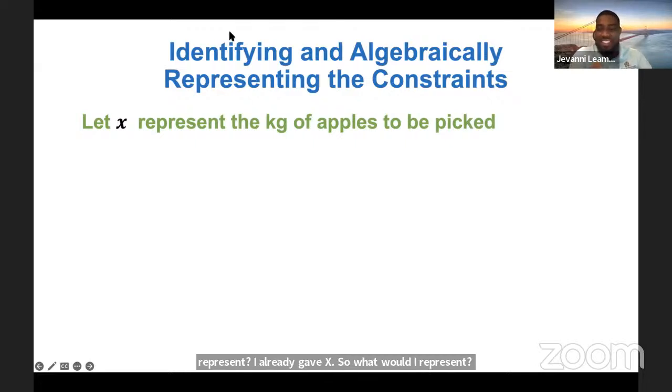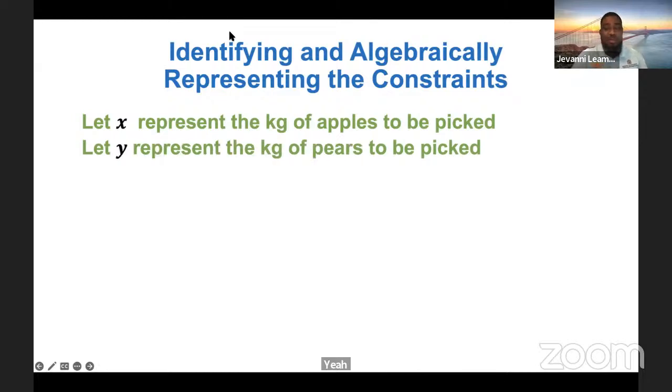The number of kilograms of pears to be picked. You can't just say pears, right? You have to literally say what it actually represents.